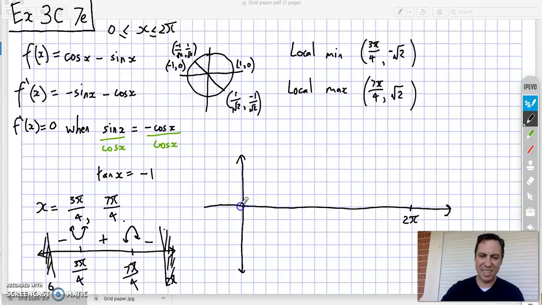Let's say this is 0, and we just need to sketch between here. It'd be nice to put on a y-intercept, and then we'll just put on the min and the max, and that'll be enough for the sketch, right? Halfway between 0 and 2 pi is pi. This looks like about halfway.